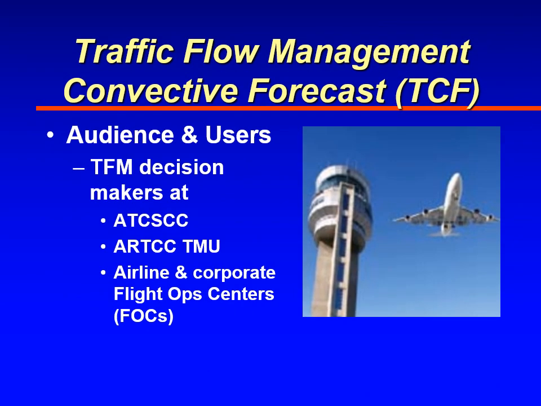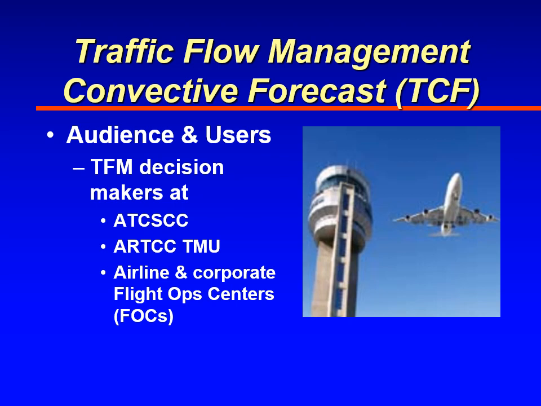So it's designed for mostly people who are making decisions about traffic, where air traffic goes, and when to launch aircraft, or when to hold them at the gate. So this includes the command center in Virginia, also the individual centers, the traffic management units of each center.